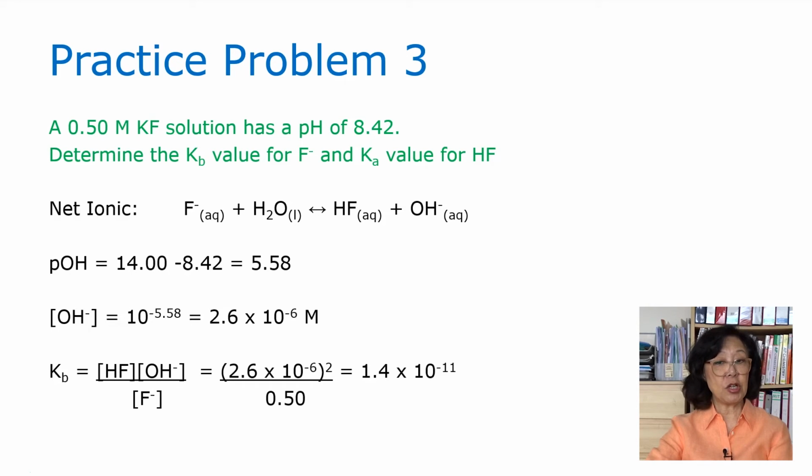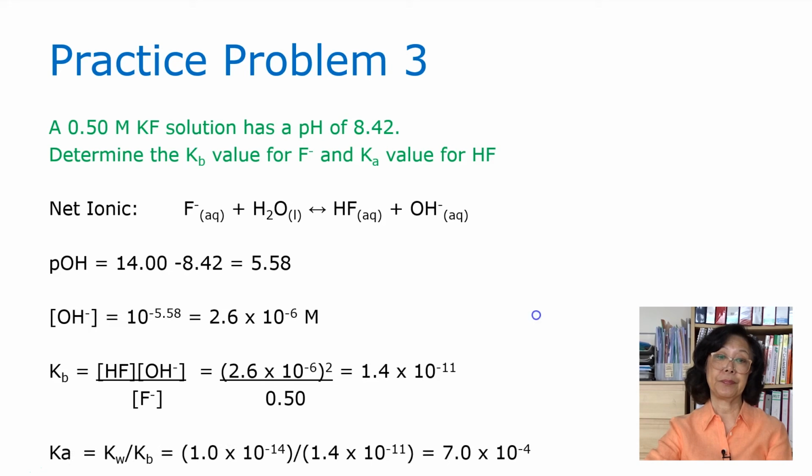Since the HF and OH minus have the same concentration, it's 2.6 times 10 to the negative 6 raised to the power 2 over the fluoride ion concentration from the KF, which is 0.5. We then calculate it to be 1.4 times 10 to the negative 11. And then from that, we can derive Ka by taking Kw over Kb, and we end up with 7.0 times 10 to the negative 4 being the Ka value.